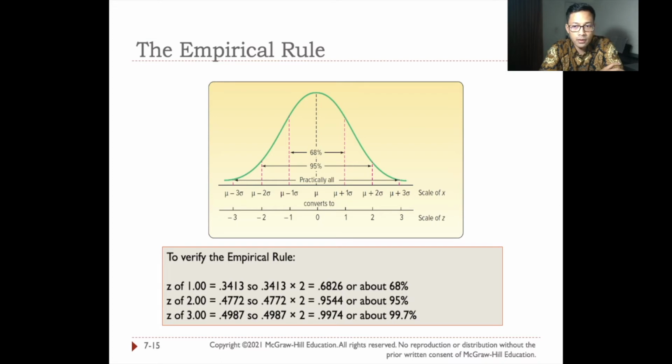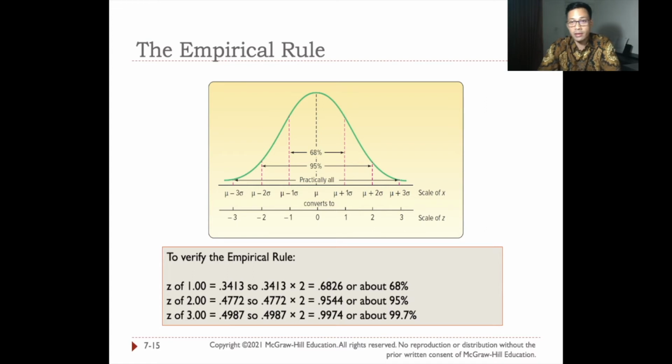A z of 2 corresponds to 0.4772. So plus minus 2 standard deviations is going to be 0.4772 multiplied by 2, which is 0.9544, or about 95%. And a z of 3 corresponds to 0.4987. So plus and minus 3 standard deviations equals 0.4987 multiplied by 2, which is 0.9974, or practically all, at about 99.7%.